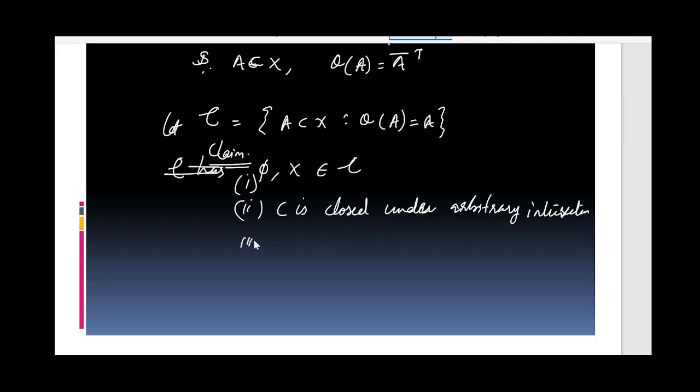And third one, C is closed under finite union. So we claim these three conditions here, and we have proved these three conditions. Up to that only we have discussed.